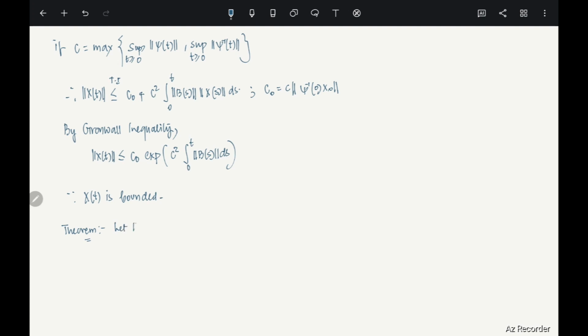So let the fundamental matrix phi of t of the system x prime equals A times x be such that the norm of phi of t, phi inverse of s is less than or equal to some constant c.